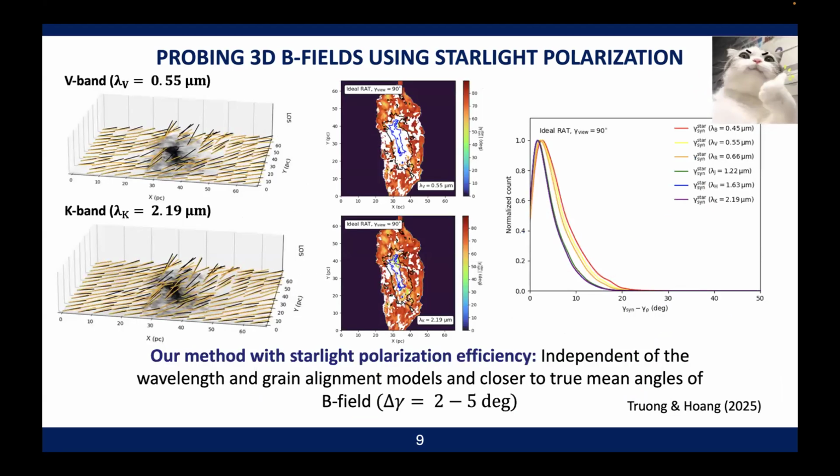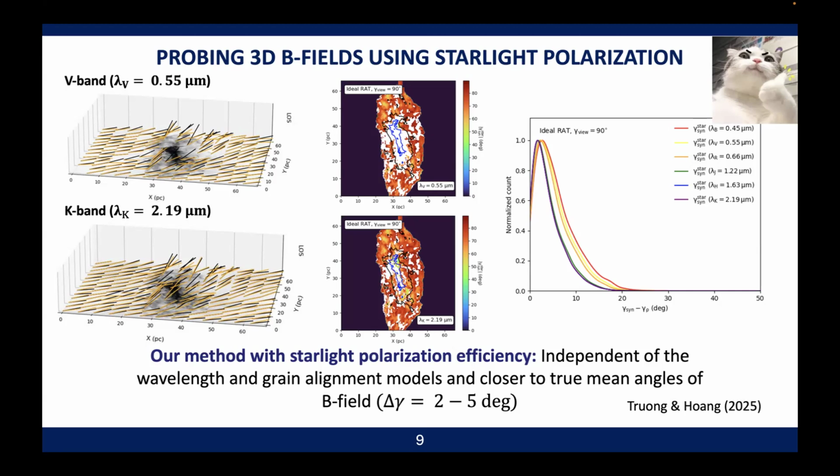So this is the result when we test that with synthetic starlight polarization data. We also use the Polaris code to generate data and to apply the new technique to trace the inclination angle. On the top here is when we use the optical wavelength, and on the bottom is when we use the near-infrared wavelength.